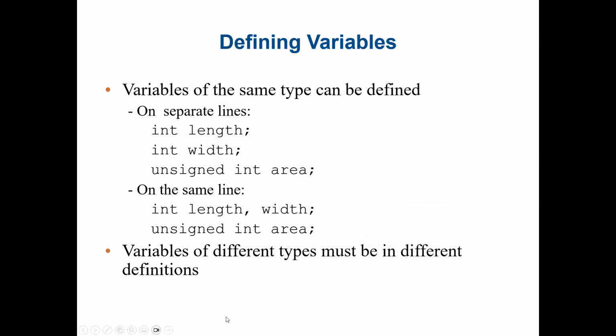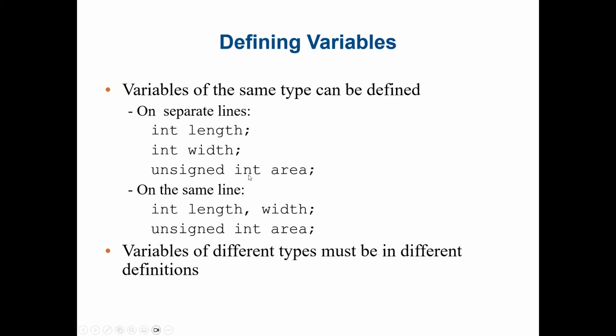So variables of the same type can be defined on separate lines, or they can be defined on the same line. What we mean is that, for example, here we have variables length and width. Their data type is the same, int. So we can define or declare them in one line, such as written here, int length, comma, space width, because length and width have the same data type.